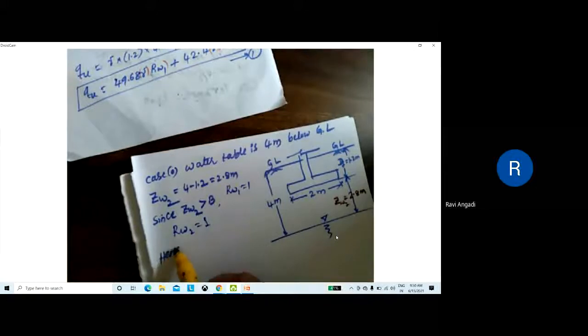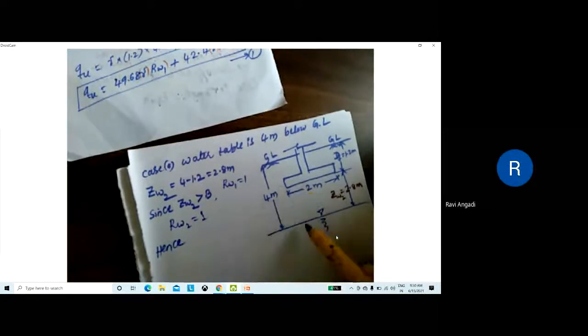Hence, since ZW2 is greater than B, there is no effect of water table on bearing capacity, right? Only if it is within B, then it affects the bearing capacity of the soil. Yes or no? When the water table is lying greater than B, the width of the footing, it won't affect the bearing capacity of the soil.